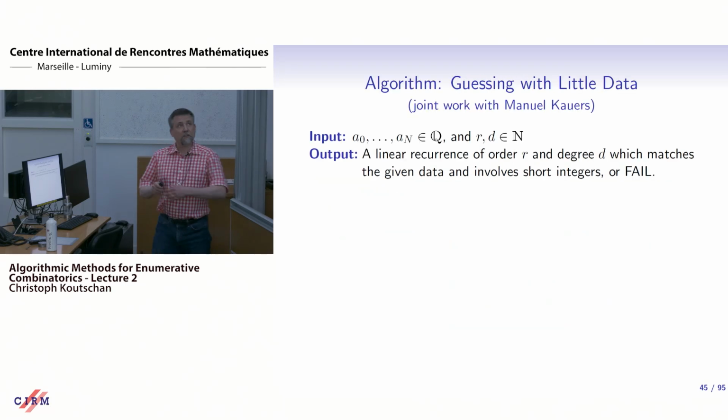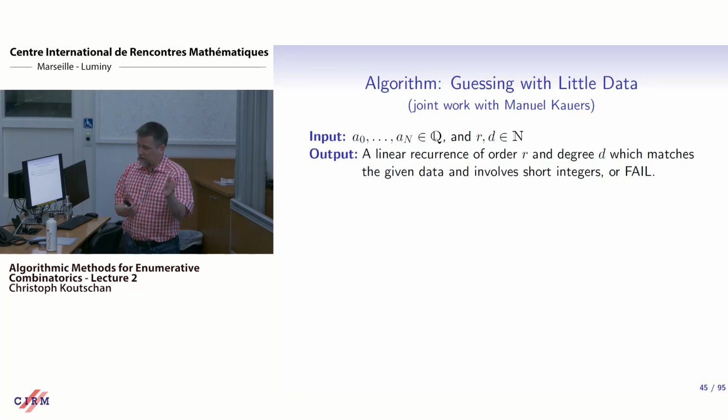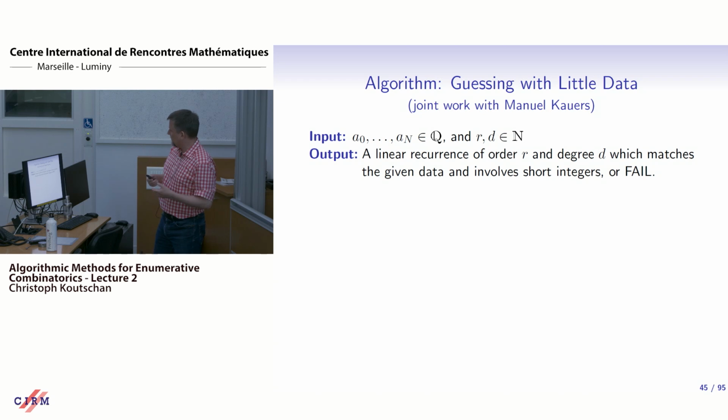This gives us the following algorithm, and this is joint work with my colleague Manuel Kauers. So we input the first values of a sequence a0 to a_n, and we choose an order and a degree for a recurrence, and the algorithm either finds such a recurrence that involves short integers or it fails.